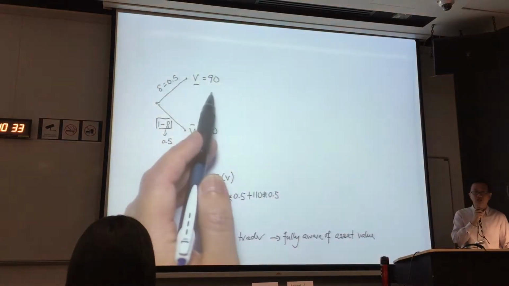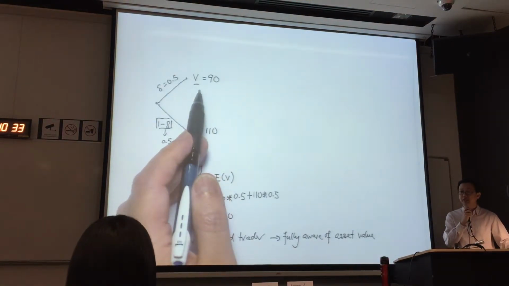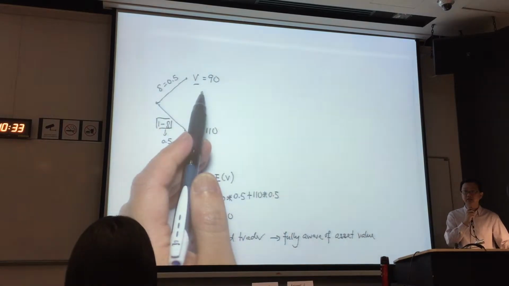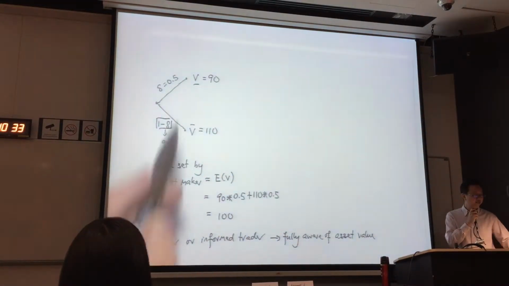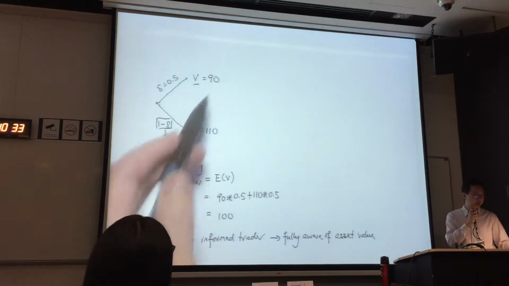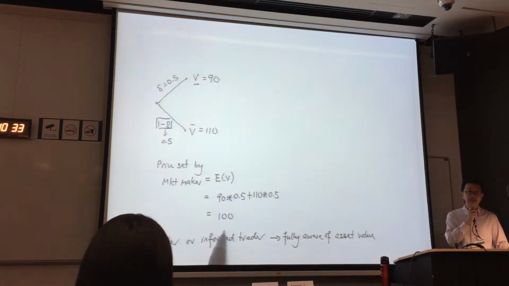This is the value of the asset. The execution is not done at value; the execution is done at price. So if the value is worth 90, and the insider can sell it at 100, then it's a profit opportunity for them.